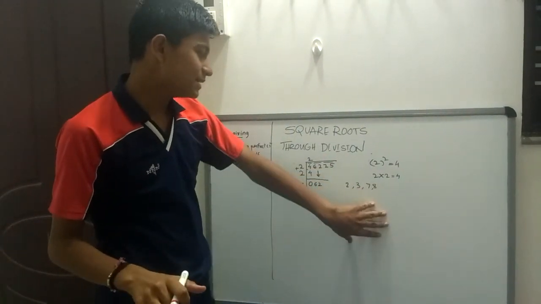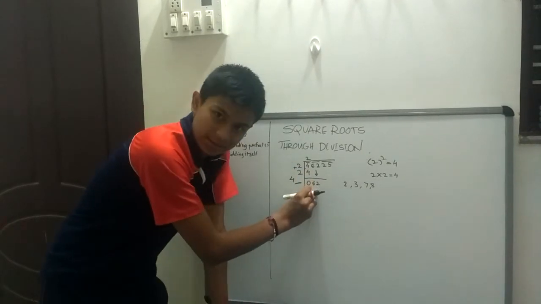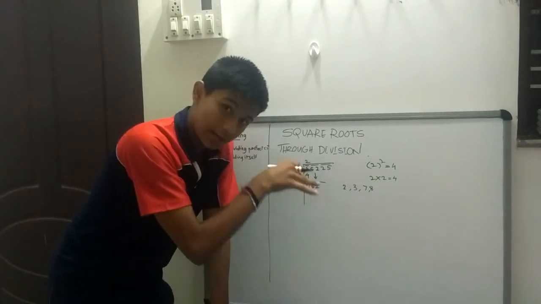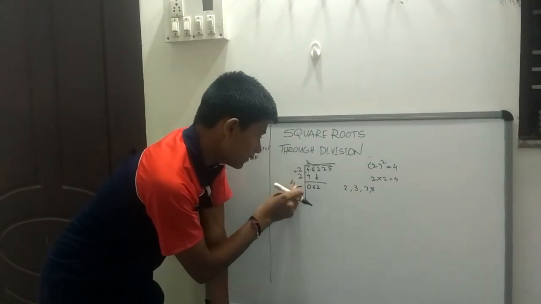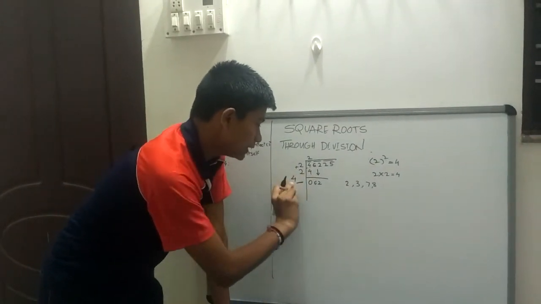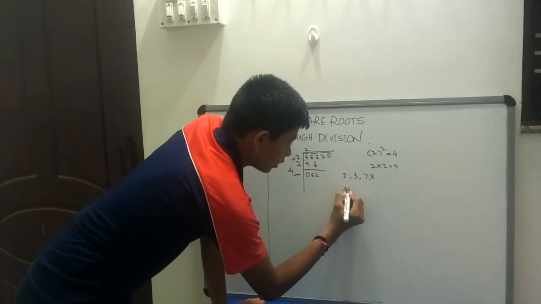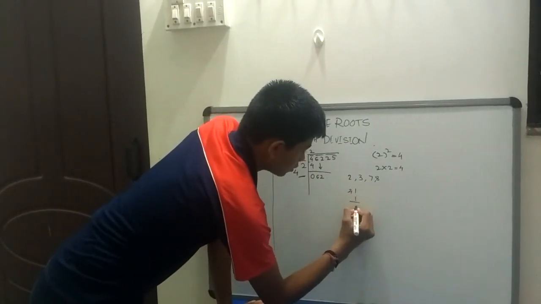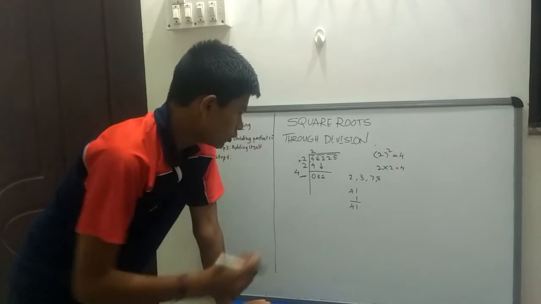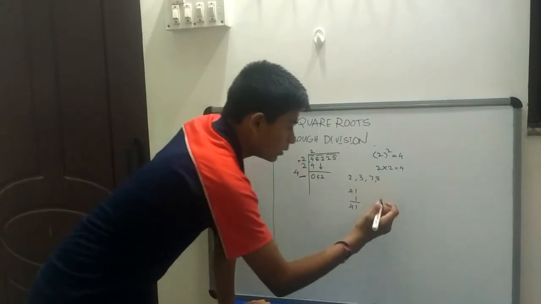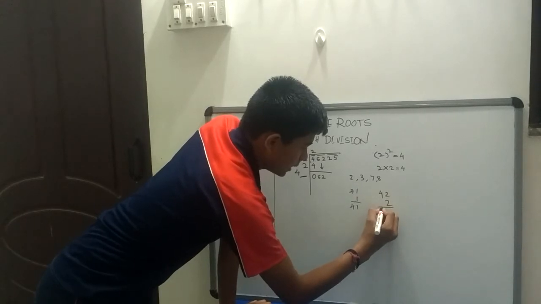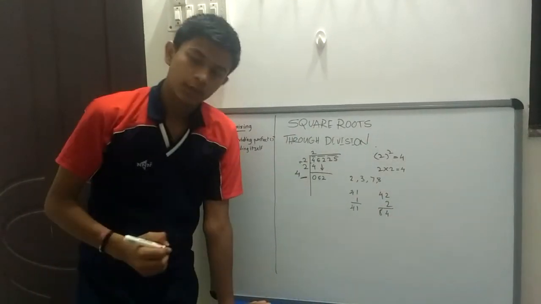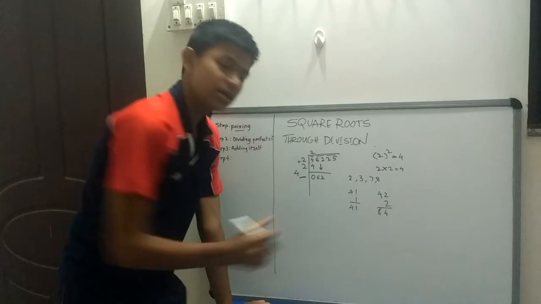Besides this, we need something lesser than this, a number whose square fits, and that should be placed in front. 41 ones are 41. Then 42 twos are 84, which is bigger than 62.